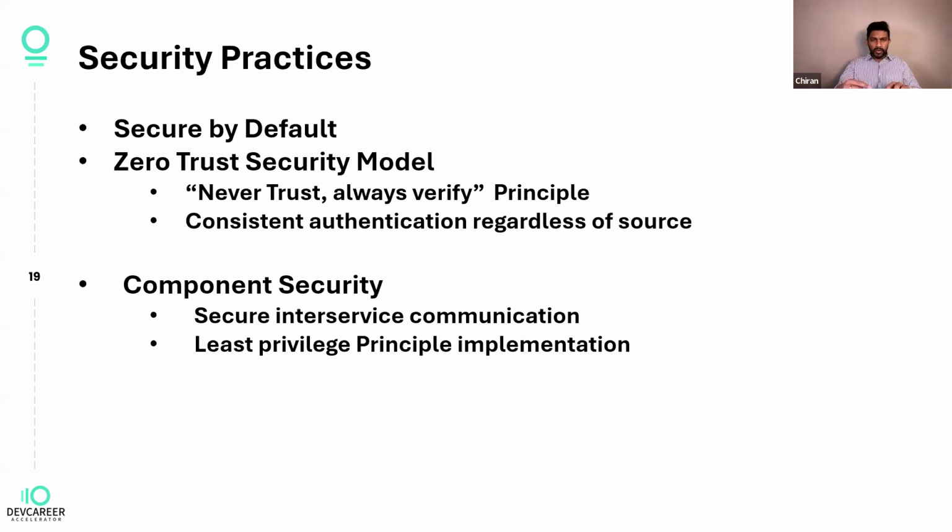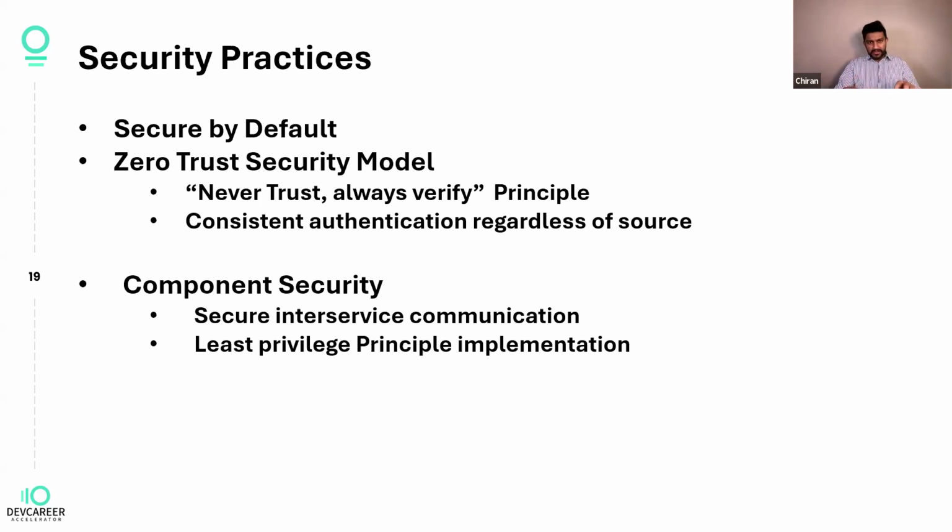If you're getting a request from another service that appears to have the same domain as the organization, you don't take that request in just because it seems to originate from your organization.